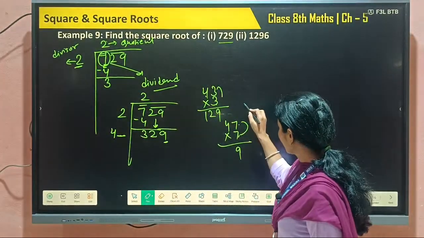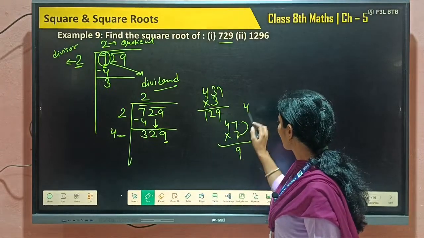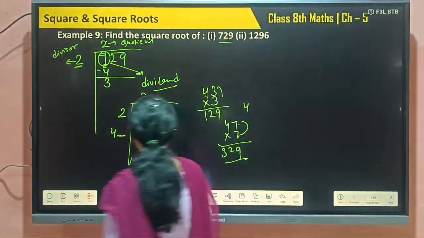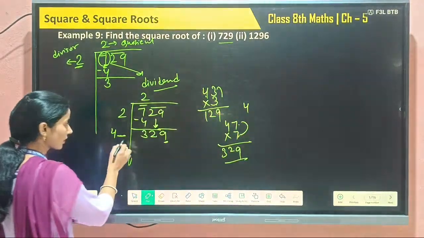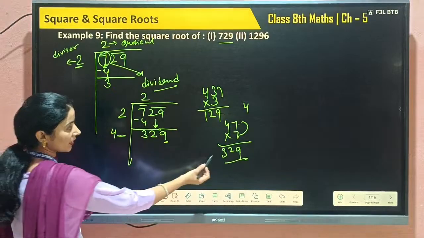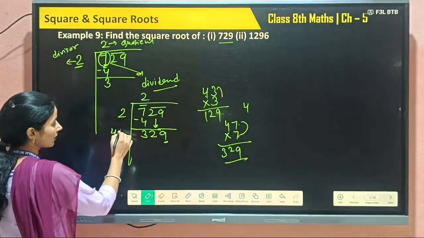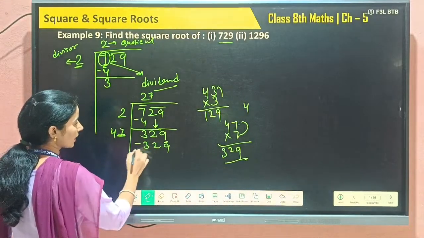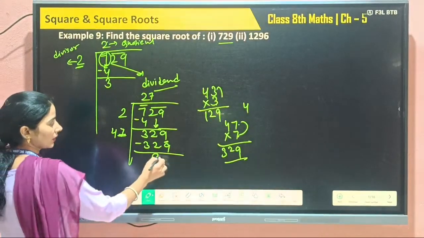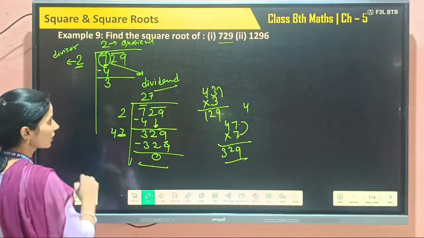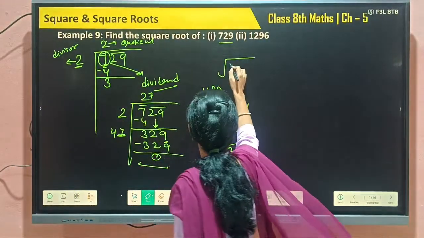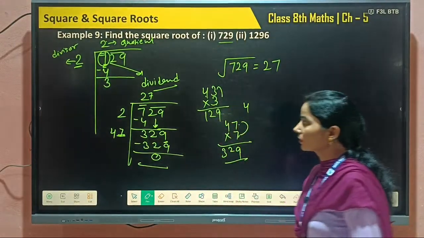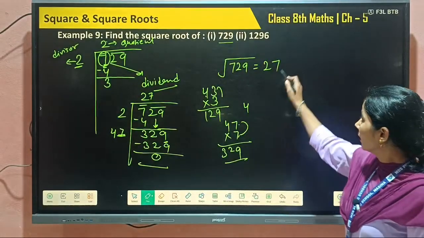Then 4 7s are 28, 28 and 4 is 32. So we got that number whose multiplication with this divisor is exactly 329. Write 7 here and there also. Multiplication is 329. Then the remainder is 0. So the square root of 729 is 27.